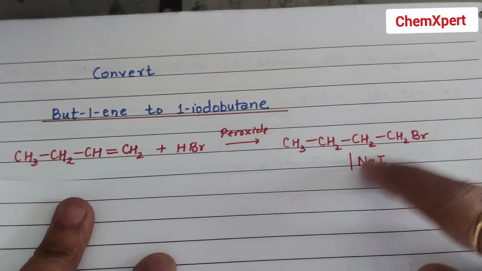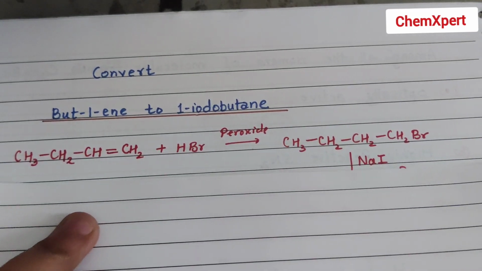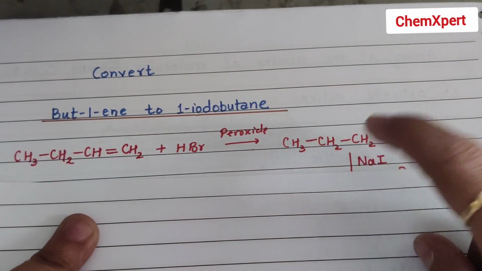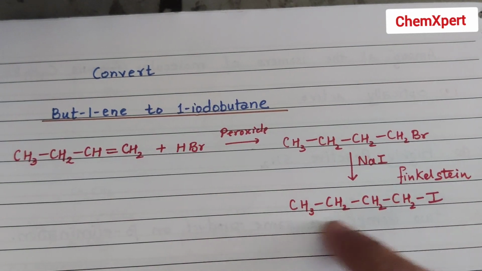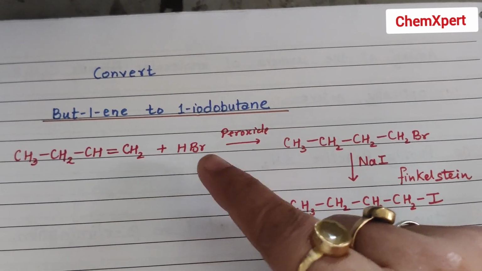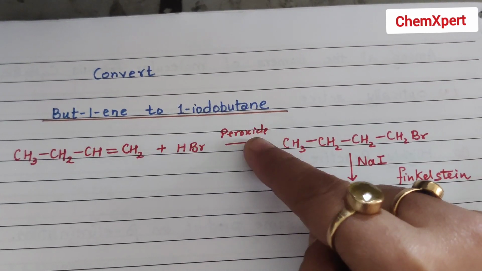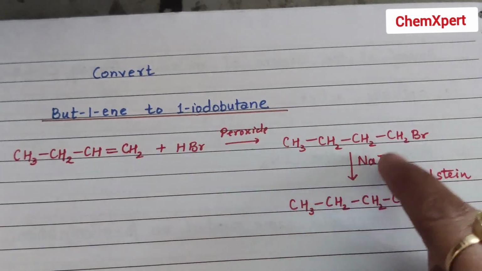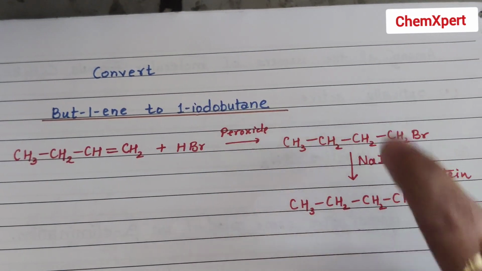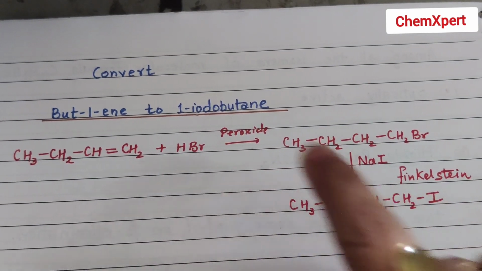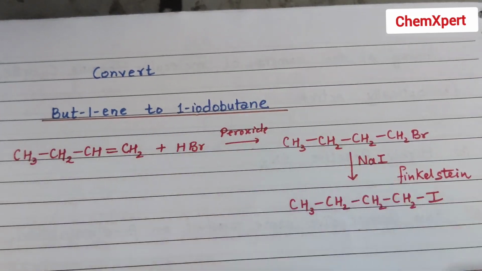There is an exchange of Br with NaI, because for the formation of the iodo compound we must use the Finkelstein reaction. So now 1-iodobutane is formed. The first step is addition of HBr in the presence of peroxide. If you don't mention peroxide, then Br will go to the second carbon, we get 2-bromobutane, and in the product we get 2-iodo. But since we have to form 1-iodo, we use peroxide here.